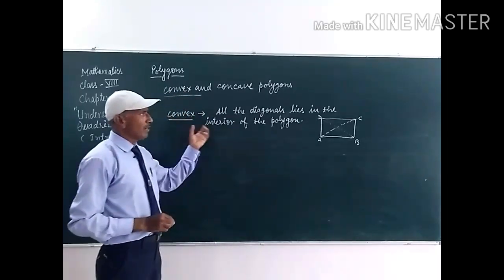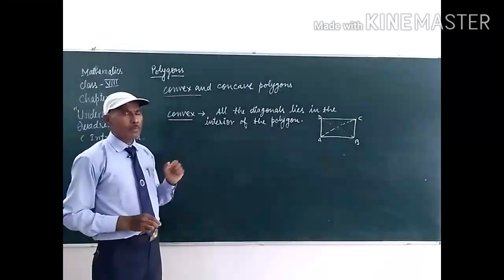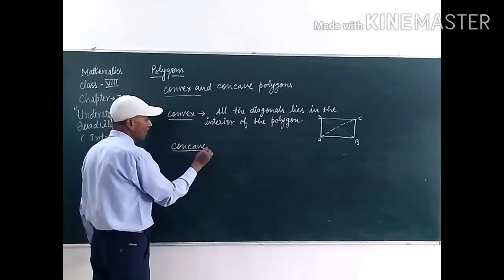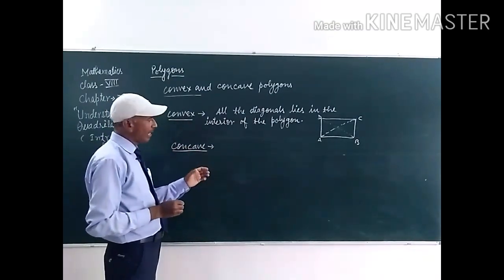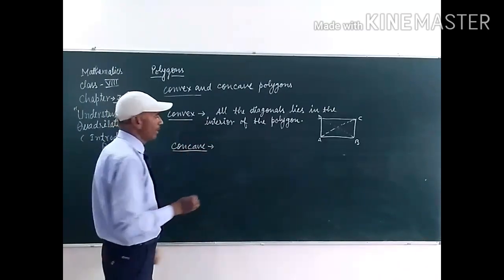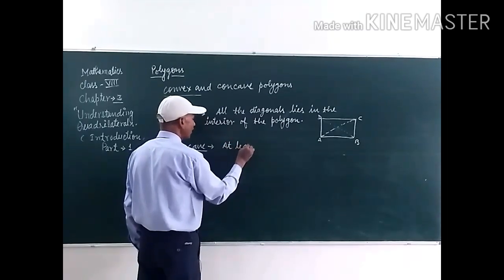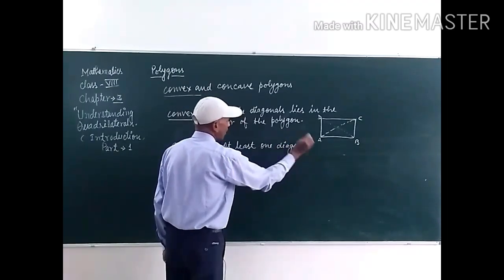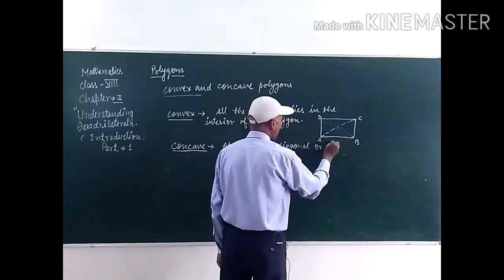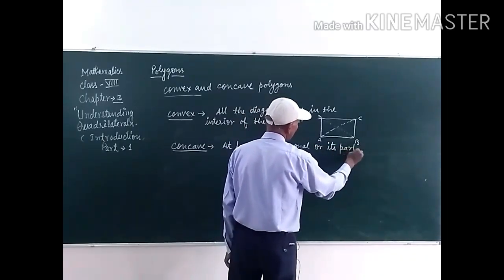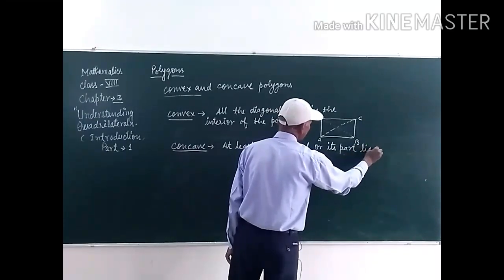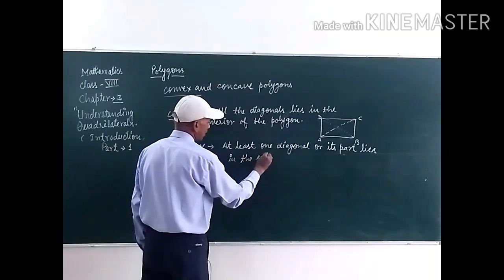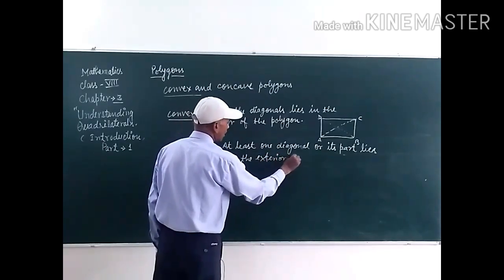So in convex polygon, all the diagonals will lie in the interior of the polygon, and in concave polygon, students, at least one diagonal or its part lies in the exterior of the polygon.